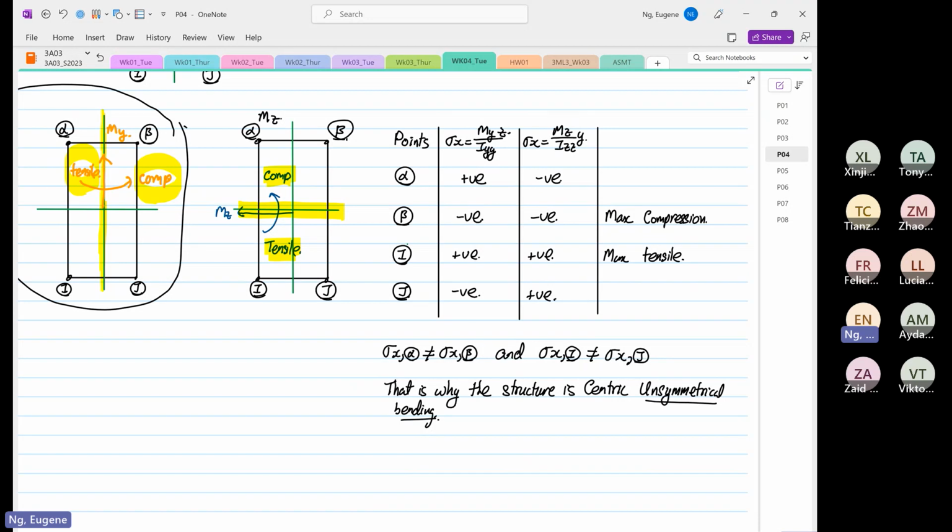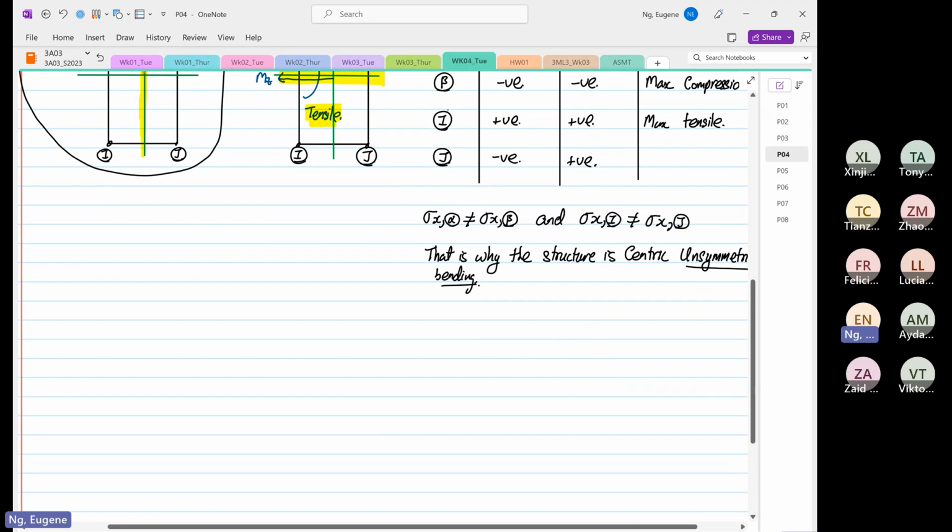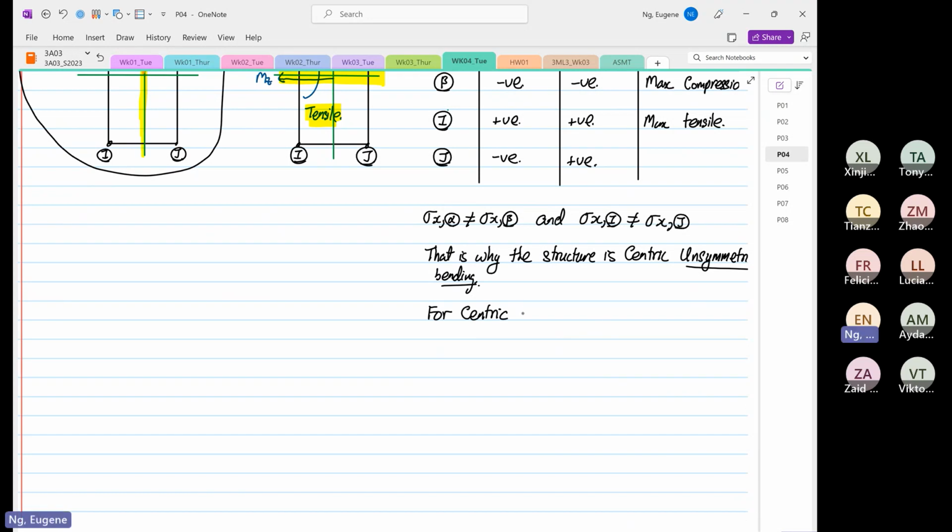Just to finish up before we do an example: for centric unsymmetrical bending, the applied moments are acting on two axes.